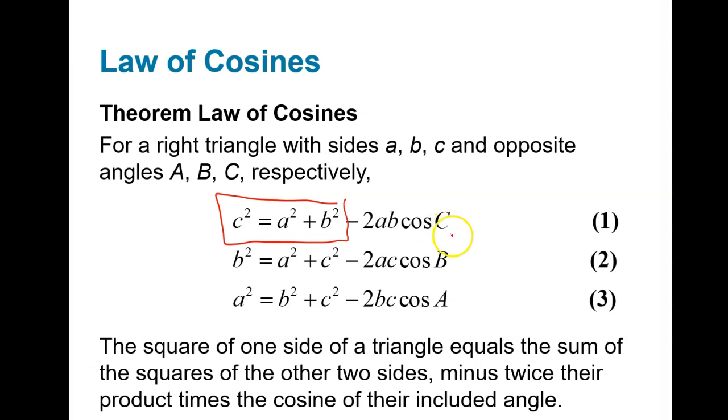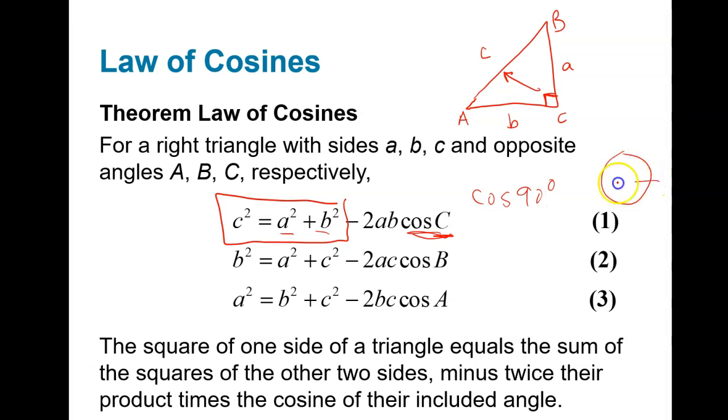But the Pythagorean theorem happens when we've got our three angles, right? And our opposite sides are big A, little b, little c. And if this angle happens to be 90 degrees, then we get the side opposite that, c squared equals a squared plus b squared. What's the cosine of 90 degrees?